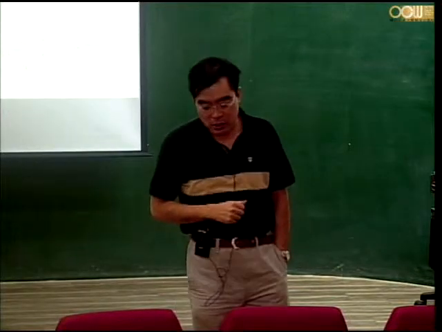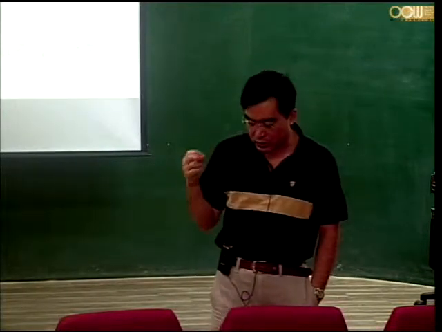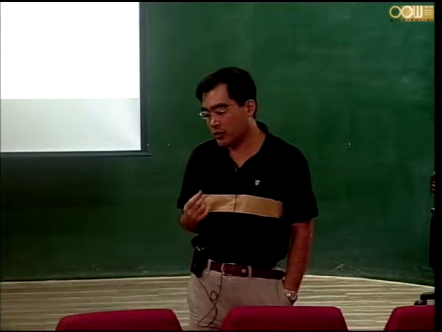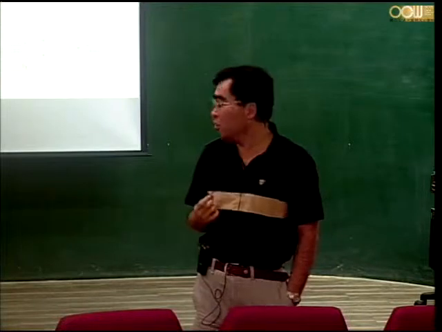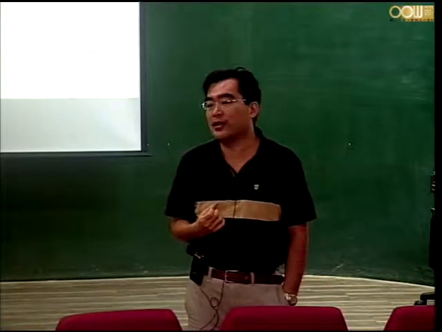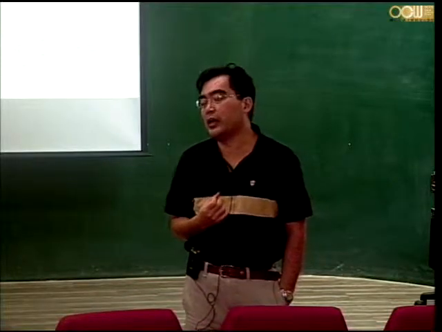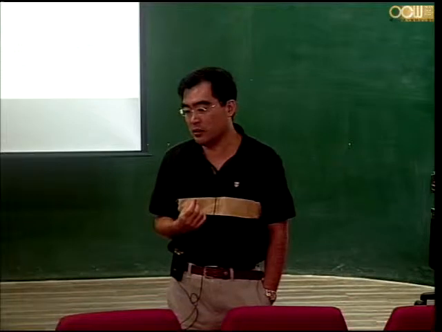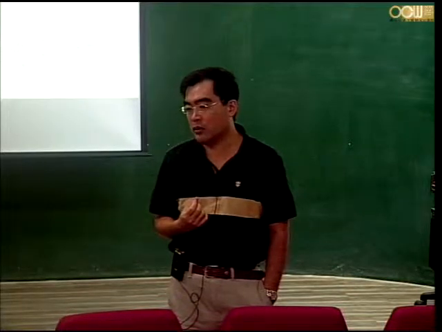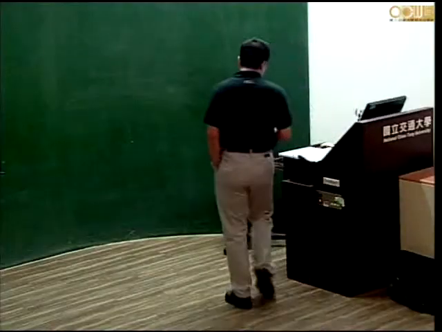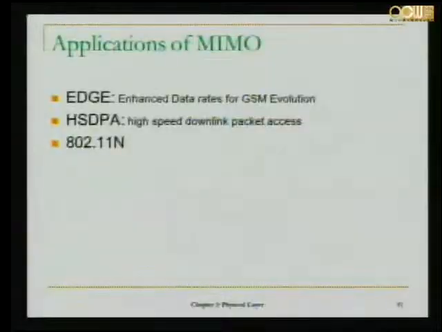And that kind of operation or calculation can be done to recover the original signal, even though some part of the signal is damaged. So it provides even better robustness to damage in the channels. So that's the idea of MIMO.